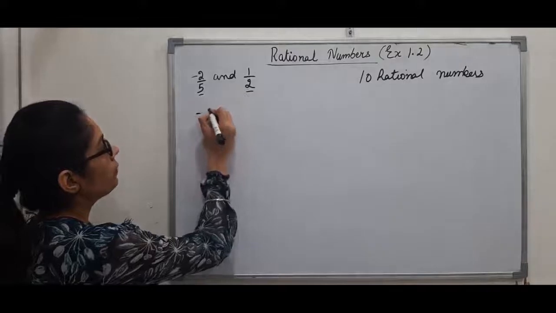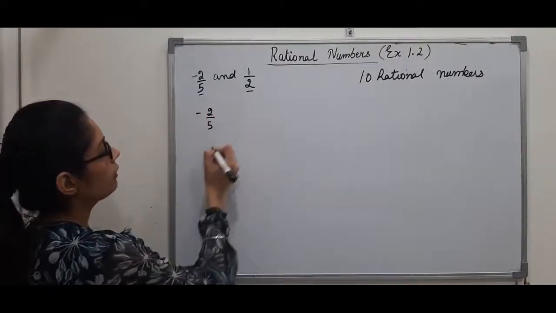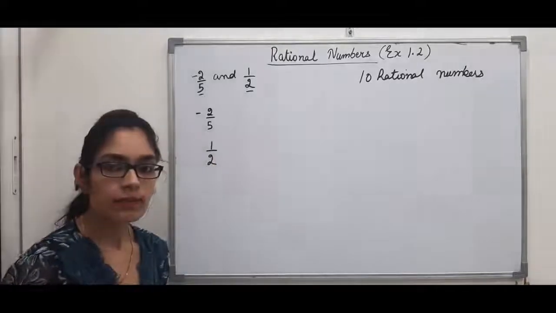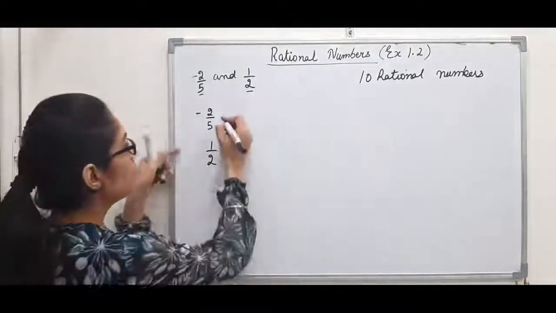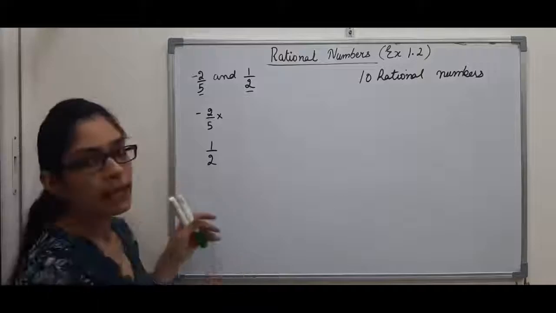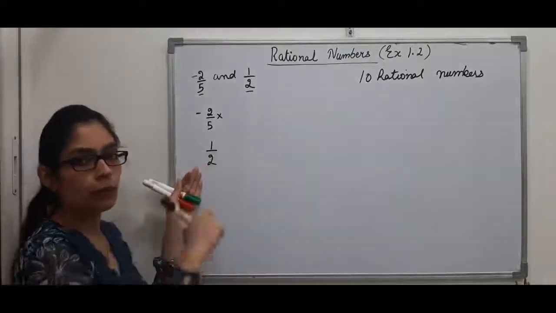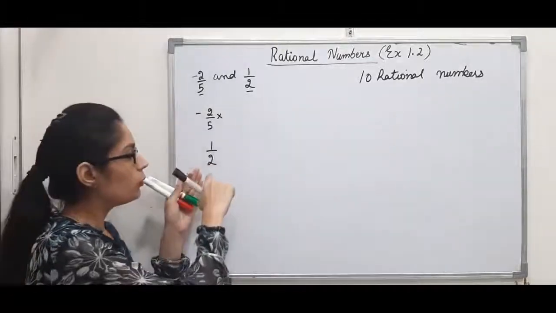One number I will write as -2 by 5 and the other number I will write here. To make the denominator the same for both numbers is very easy. First number, you can multiply and divide with the denominator of the second number. Second number is 1 by 2 and its denominator is 2.